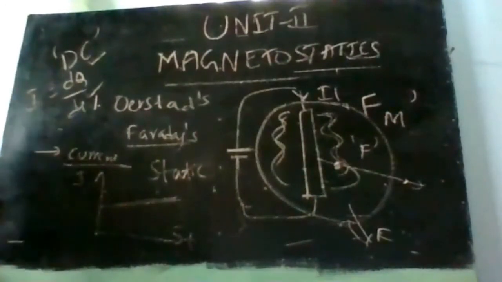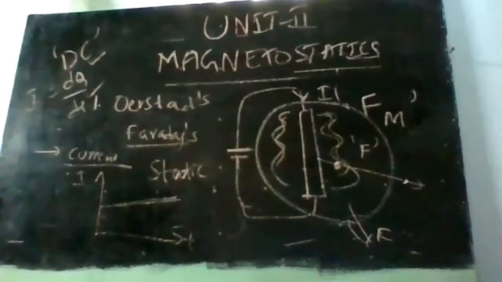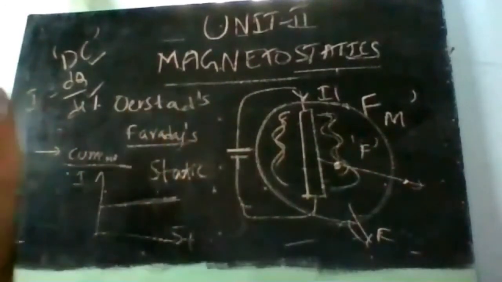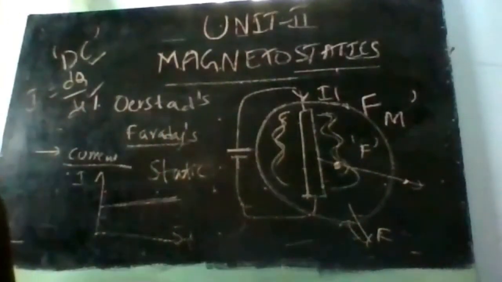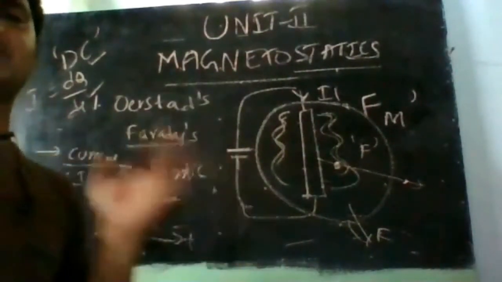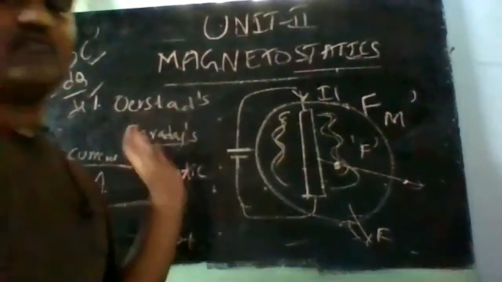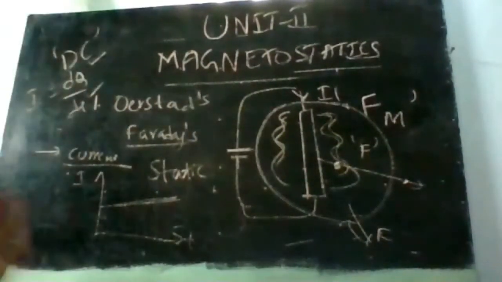In that case I get constant current, and the field I produce is also constant with time. So when charges move with constant velocity, we get a magnetic field. That is the final conclusion.